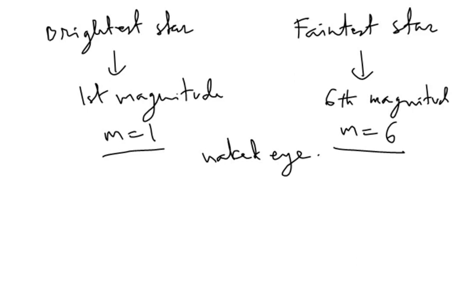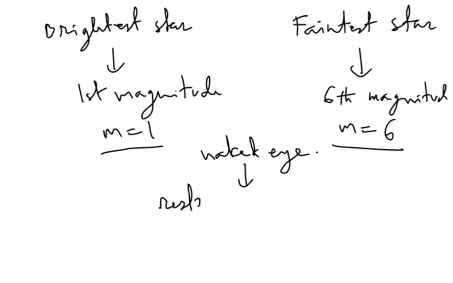And is the response of our eye linear? No. The answer is no. You see, the response of our eye to increasing brightness is nearly logarithmic.